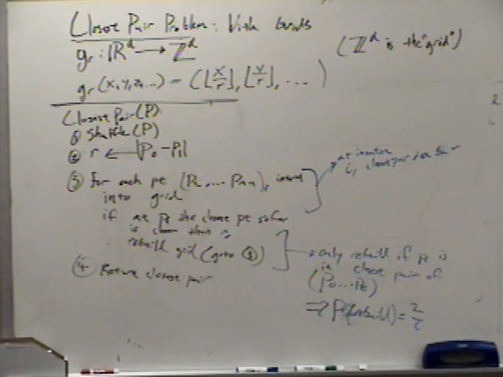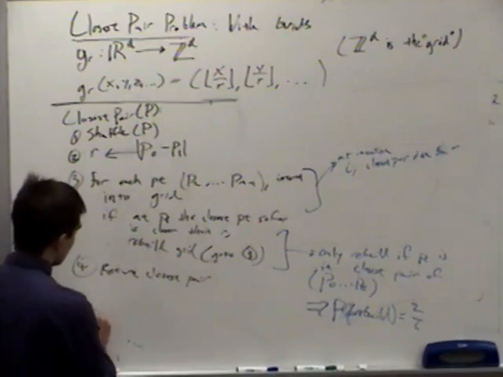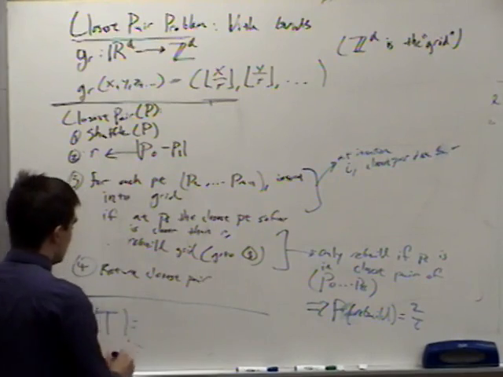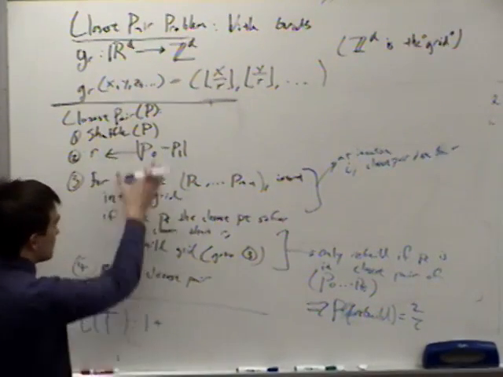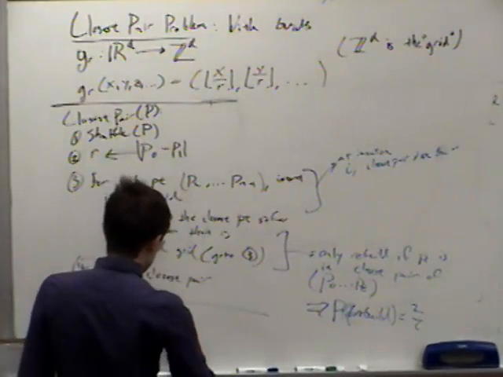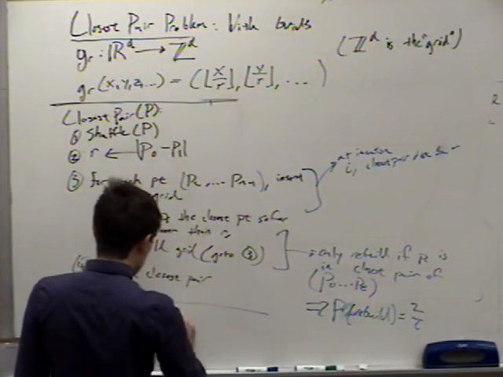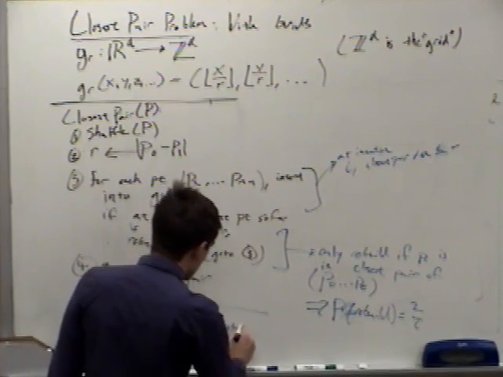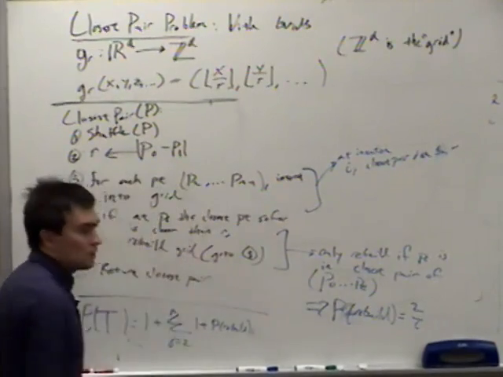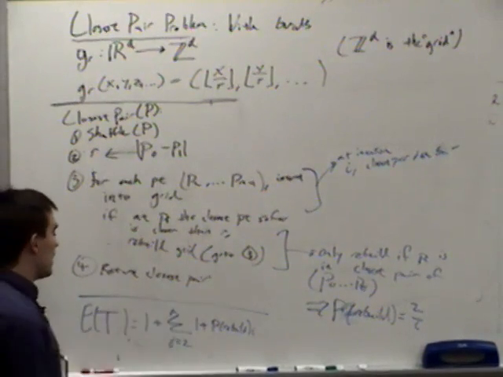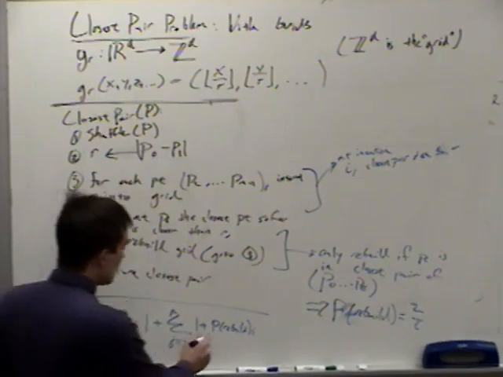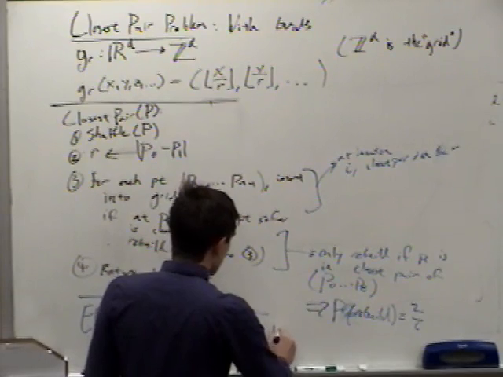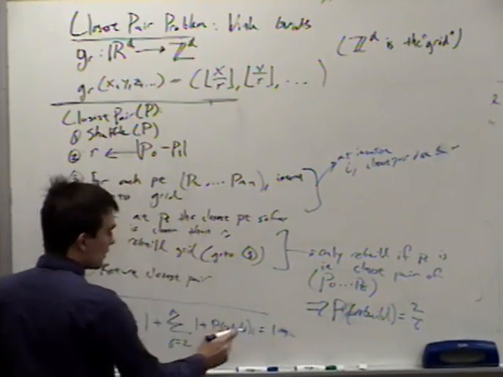So let's now calculate this. The total cost of running this, or the expected cost, we'll write as E of t, is going to be 1, because we have to initialize this whole thing, plus the sum from I equals 2 to n of 1 plus P of rebuild times the cost of rebuilding all of the things so far, which is order I. So that's basically an I operation. The probability of a rebuild is equal to 2 over I, so pulling out the 1, we get n.